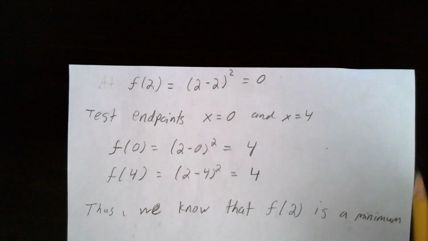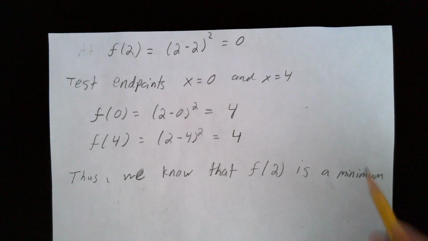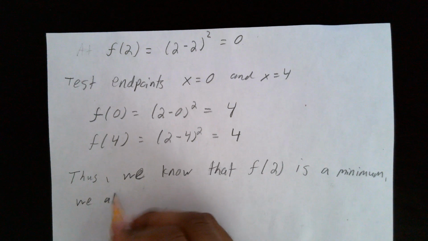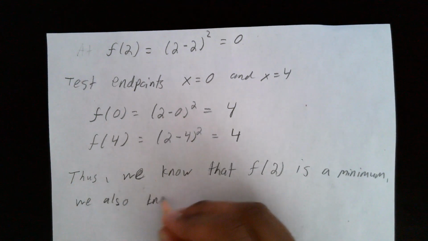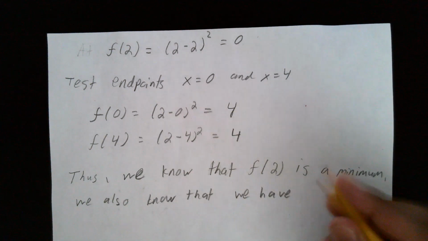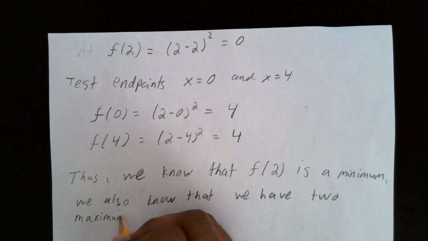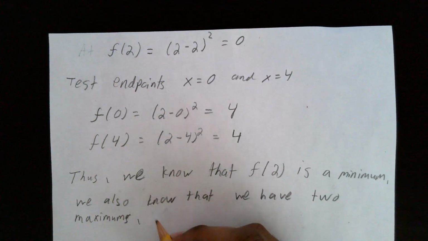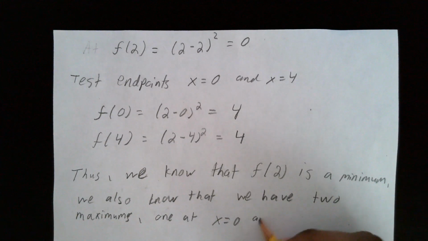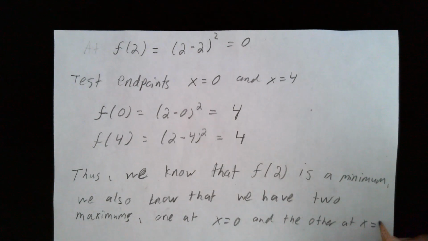So we know that f of 2 is a minimum, and we also know that we have 2 maximums: one at x equals 0, and the other at x equals 4.